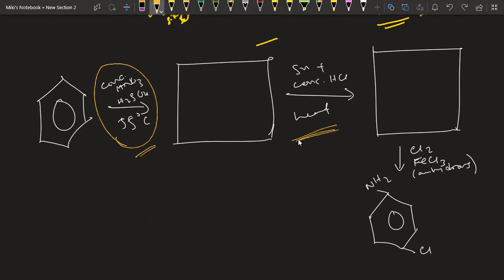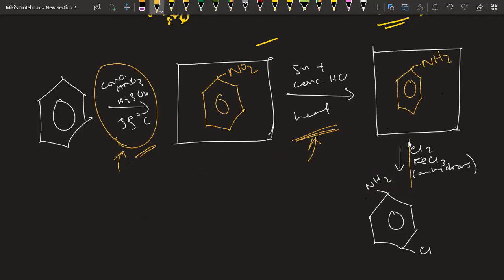This is formation of phenylamine, isn't it? So we have a phenylamine group here. That means the nitration of benzene should be on the first carbon, the topmost carbon. That means nitrogen should be here. This is an electrophilic substitution reaction. Now this is nitration of benzene, and over here we have formation of phenylamine from the nitration product. That means NH2 should be here. Okay, so far so good.